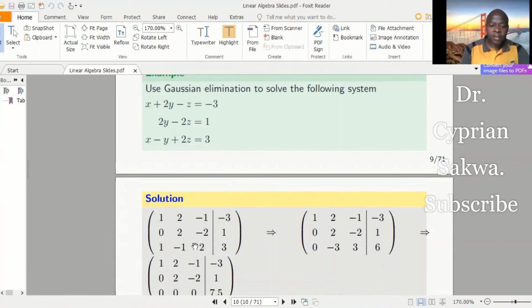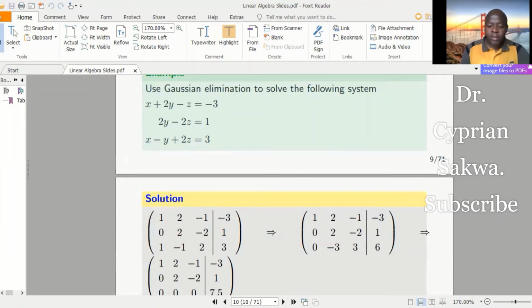But the rest are there, that are the coefficients of these unknowns. I have 1, 2, negative 1, negative 3. Then 0, 2, negative 2, 1. Then 1, negative 1, 2, 3.